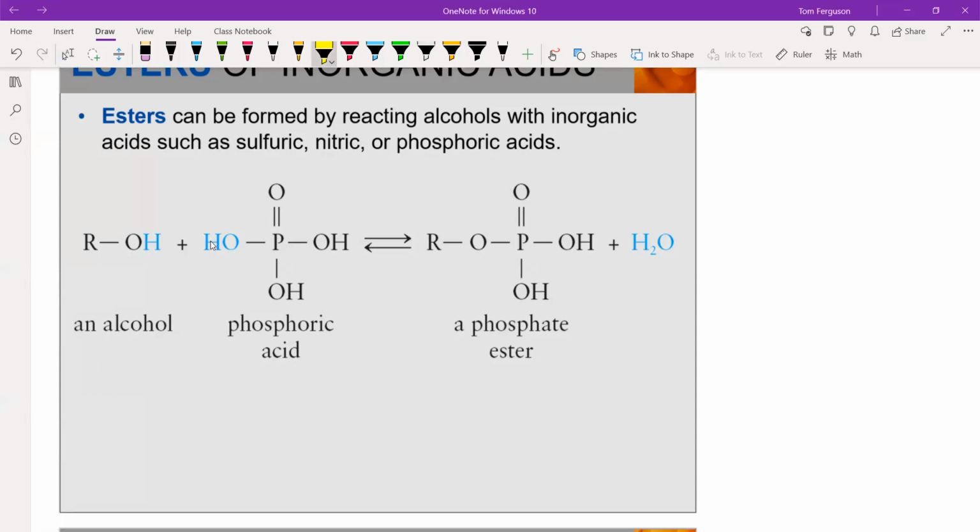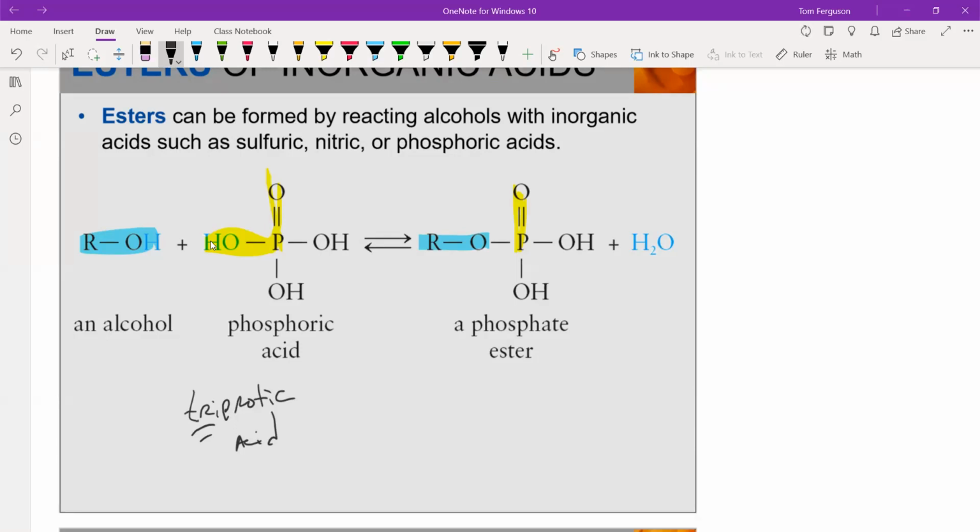So you can form an ester by taking the alcohol part and the acid part. This would be the acid part, and this is the alcohol part. So here is the ester. Now, notice phosphoric acid is called a triprotic, meaning that 3 of the acids can come off.